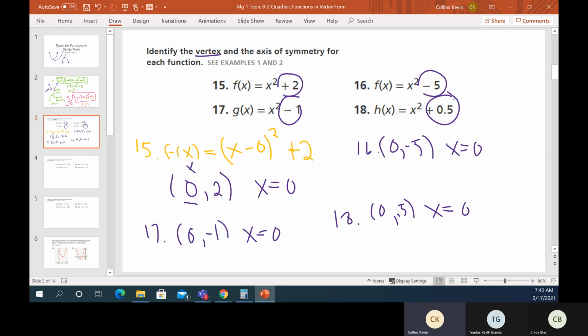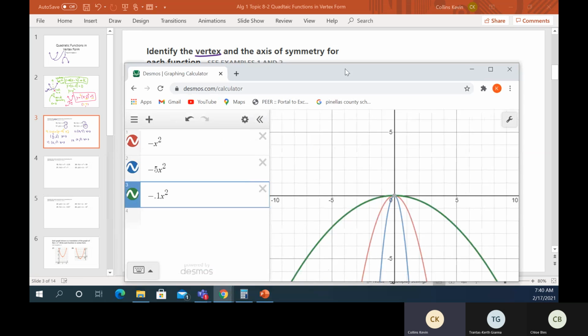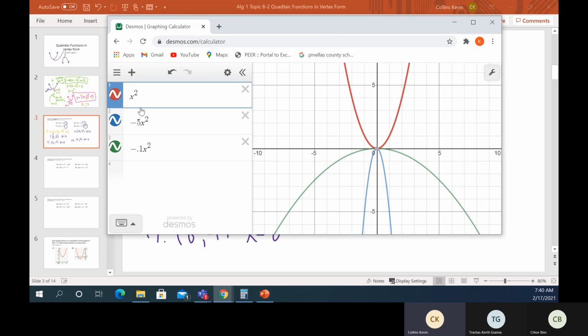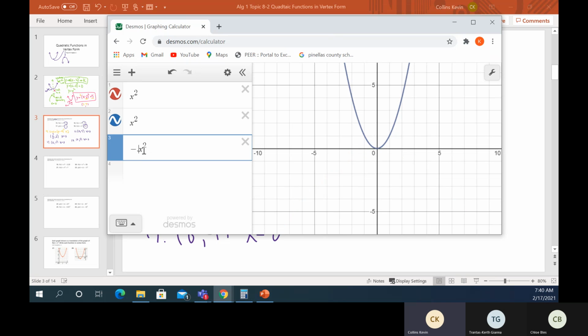So let's bring our good friend Desmos back in for a second. We can use some of the functions we've got here. All right, so let's go ahead and switch these back. I got them all as x squareds, right?